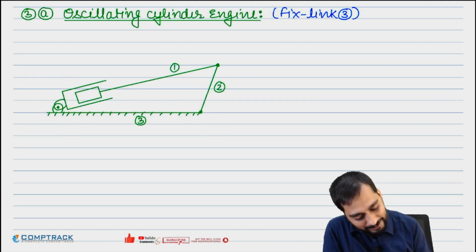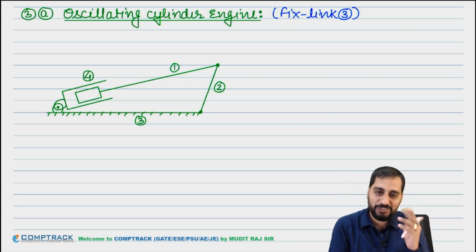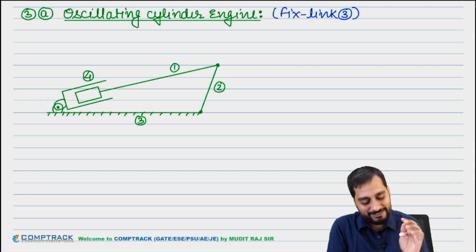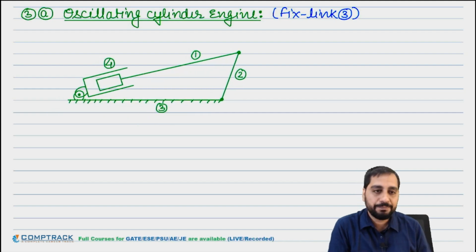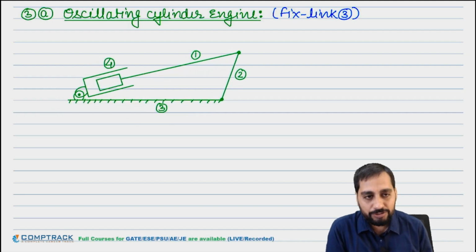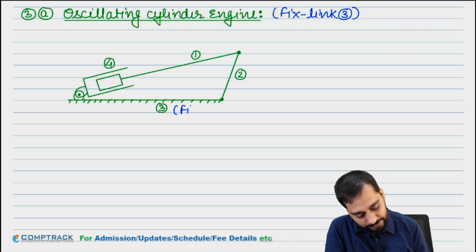So just by interchanging link 4 and 1, cylinder and piston, here this oscillating cylinder will be obtained. Simple. Clear or not? These types of modification we can do. These are allowed. Clear? So your third link is fixed.